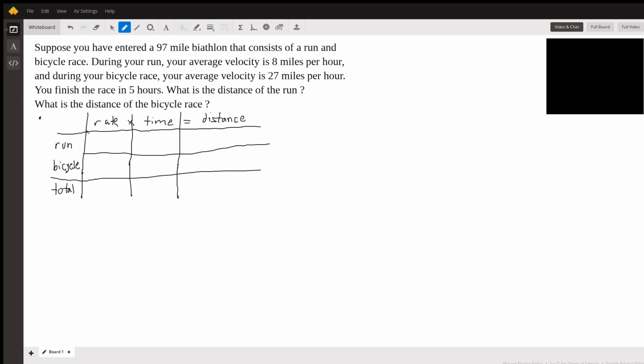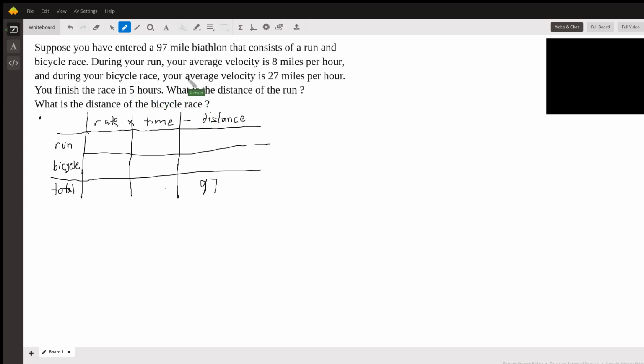As you read your way through the word problem, just fill in what we know. So it's a 97-mile biathlon, so we're going to put the 97 in here.